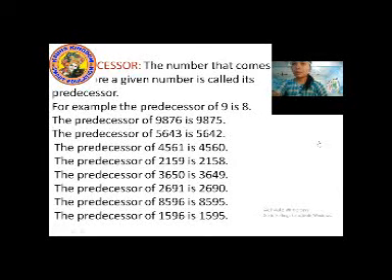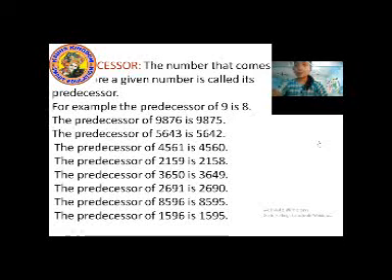In the same way, the predecessor of 2691 is 2690. In the same way, the predecessor of 8596 is 8595.